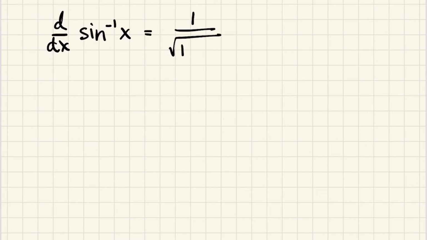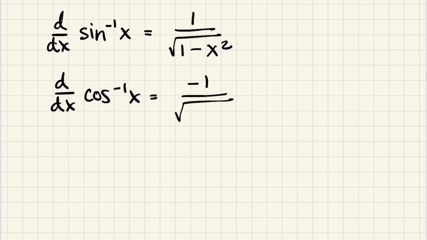All right, let's look at a few more derivatives before moving on. You do need to know the derivatives of the inverse trig functions. Derivative of inverse sine is 1 over radical 1 minus x squared. And the derivative of inverse cosine is actually just the negation of that.